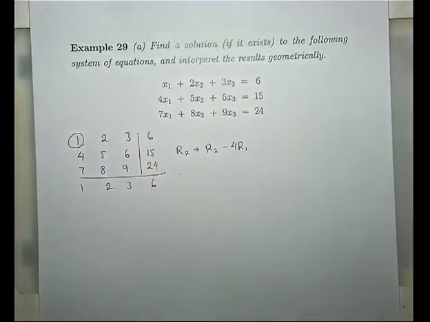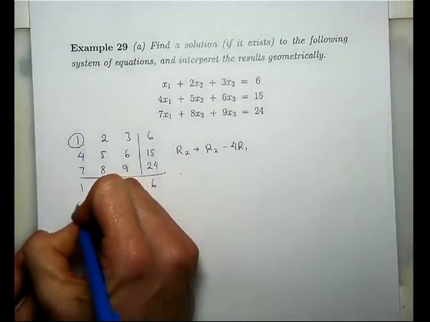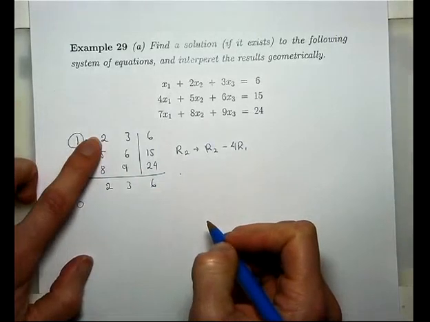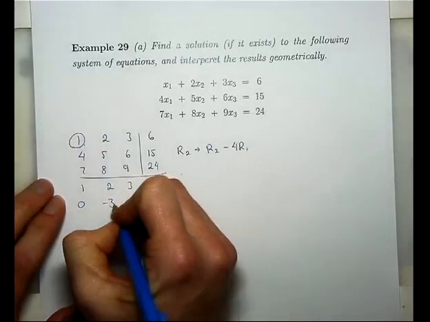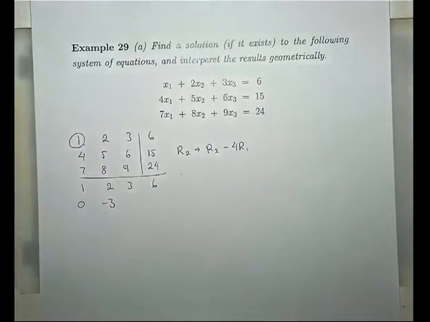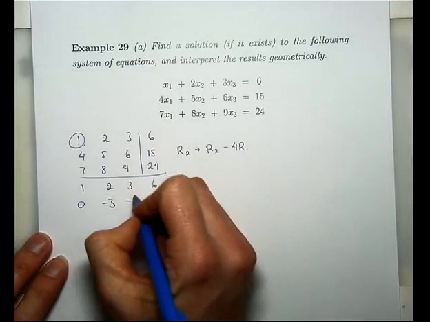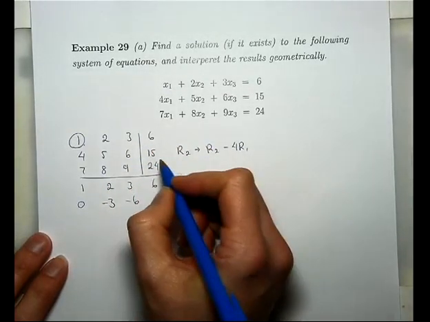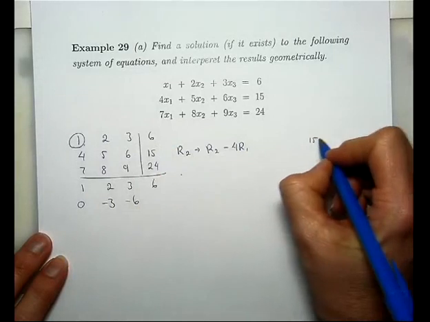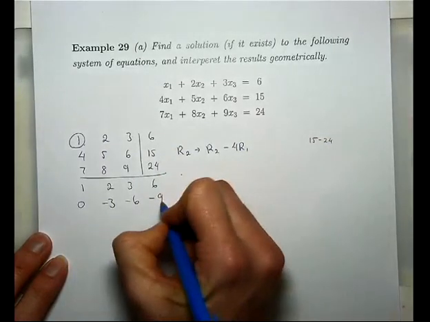Okay, 4 minus 4 is 0. Bless you. Everybody's got the sneezes today. 6 take 12. 15, take away 24. That's too hard. 9.